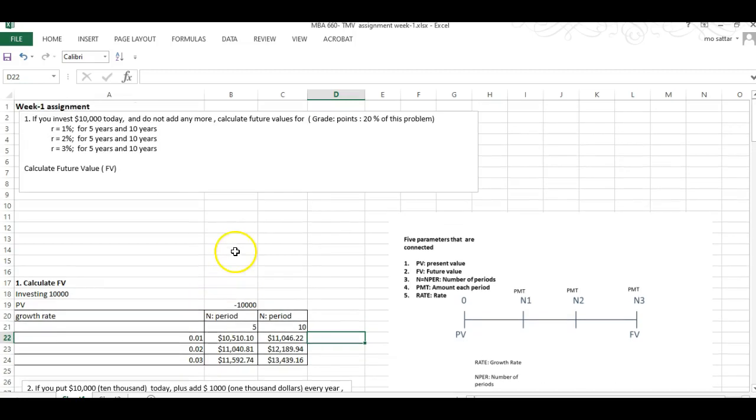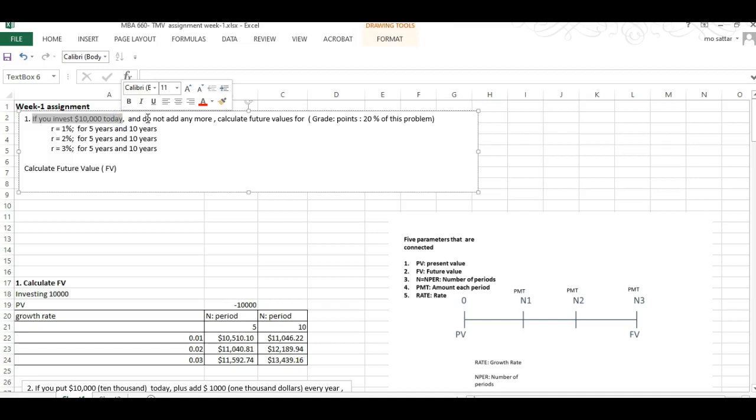So let's look at the first one. The problem states that if you invest $10,000 today and do not add any more, calculate what the future value will be. So here, let's think through what we do know. We know the present value, which is 10,000. We want to calculate the future value.